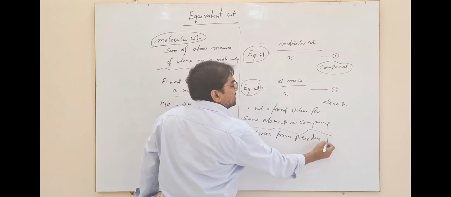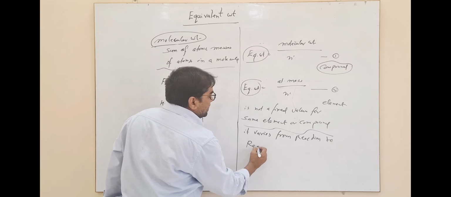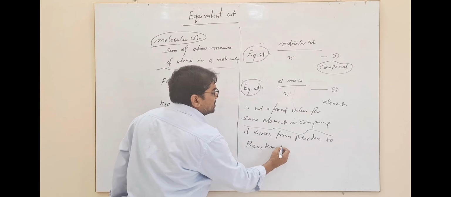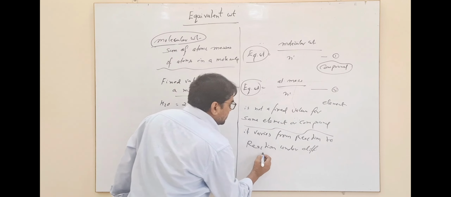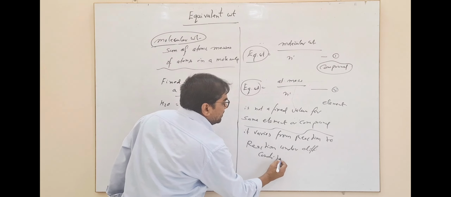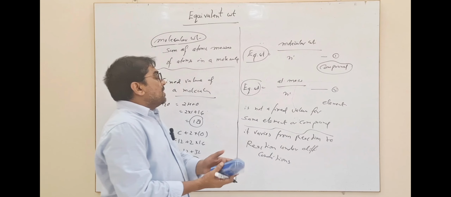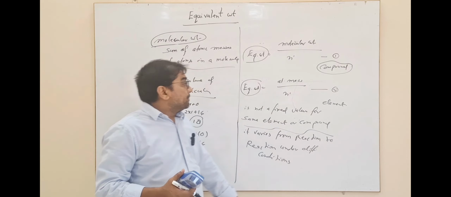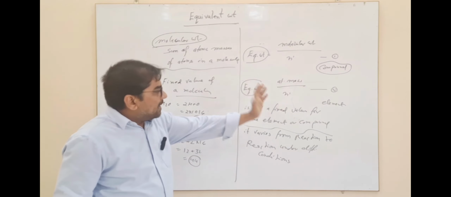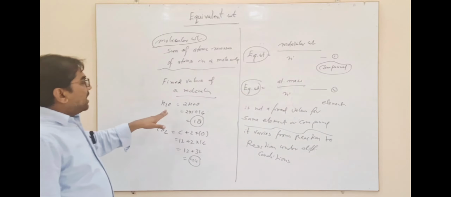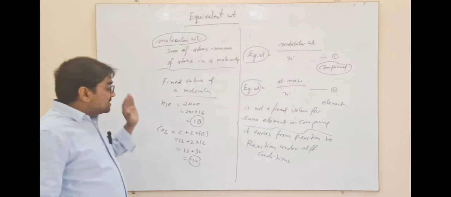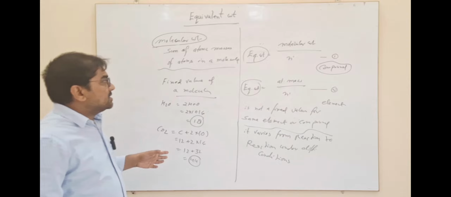It varies from reaction to reaction under different conditions. Under different conditions, from reaction to reaction, equivalent weight varies for the same element or compound, while molecular weight remains the same in all conditions.